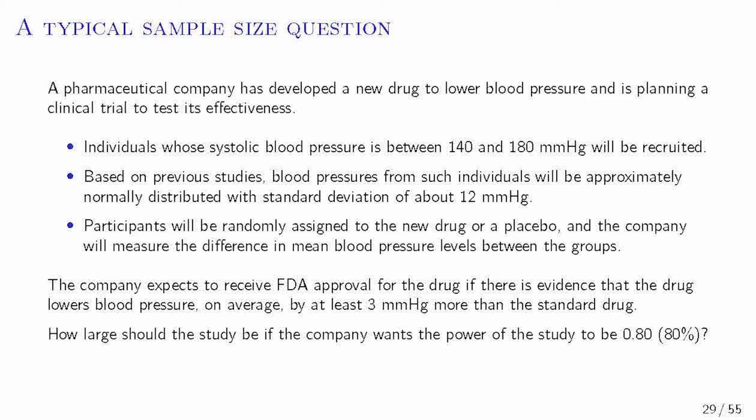The company expects to receive FDA approval for the drug if there is evidence that the drug lowers blood pressure on average by at least 3, more than the standard drug. How large should the study be if the company wants the power of the study to be 0.80, so 80%?